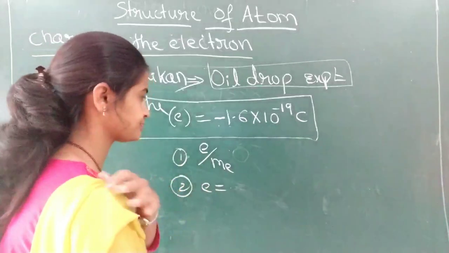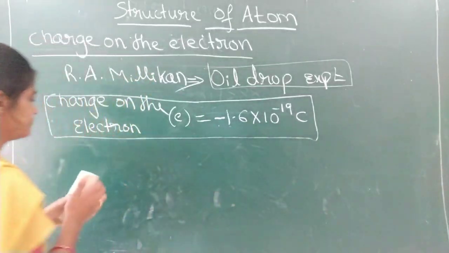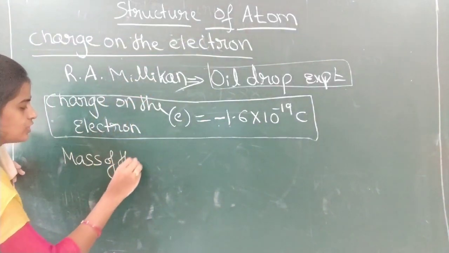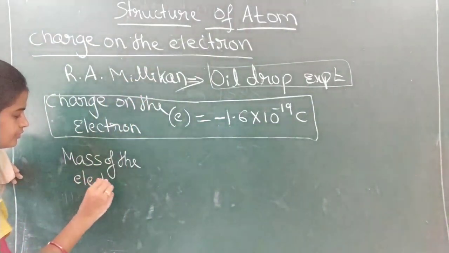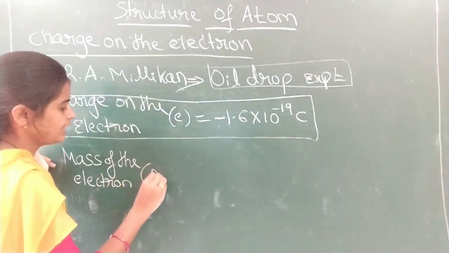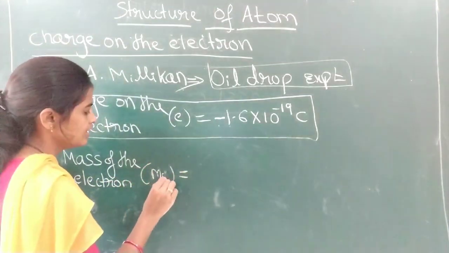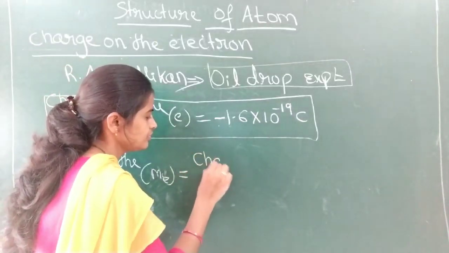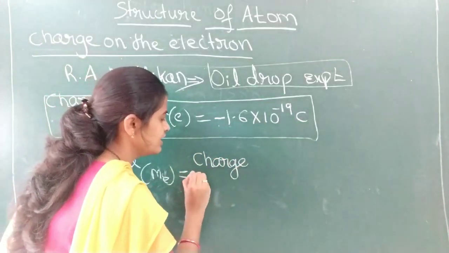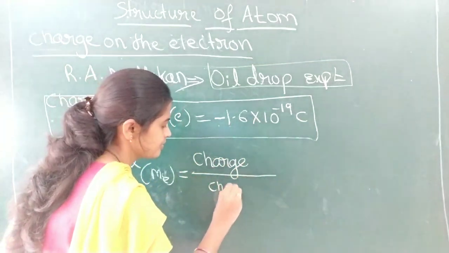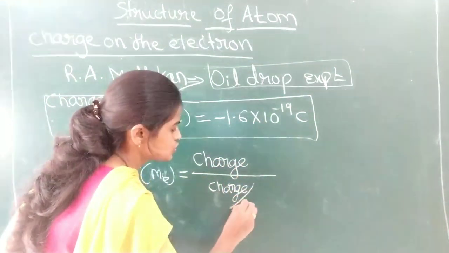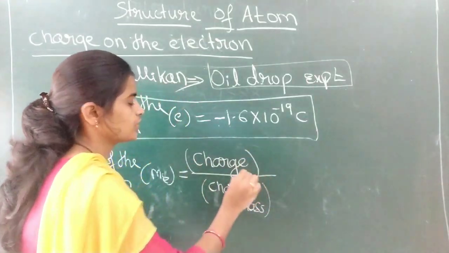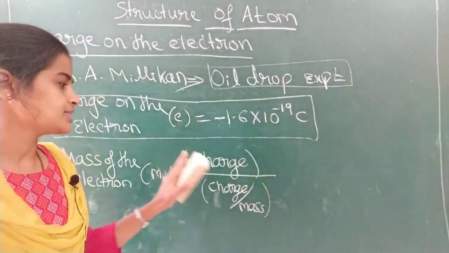See, the mass of the electron, indicated by m e, is equal to the charge of the electron divided by the charge to mass ratio.